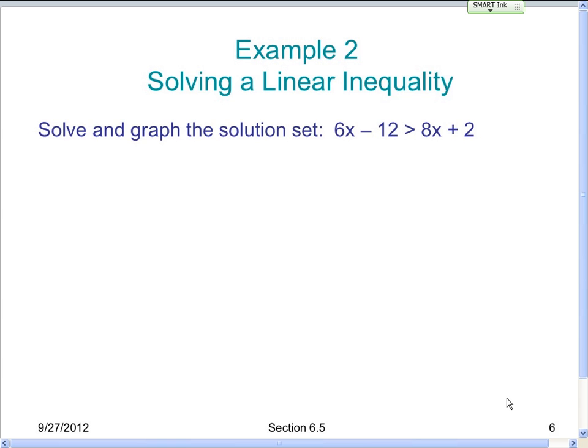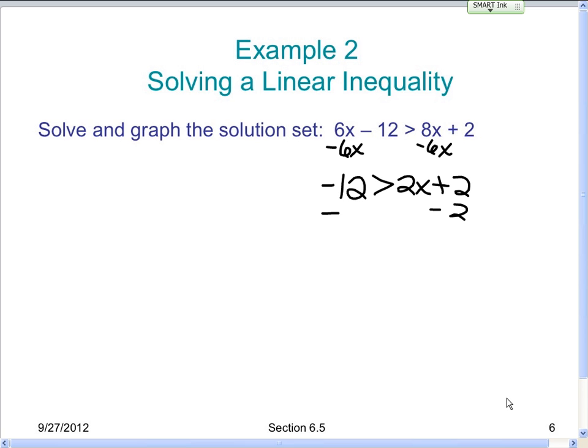All right, so solve. Well, just as if this were equal to, I would get my x's on the same side. So I can either subtract 6x or I can subtract 8x. I'm going to subtract 6x so that my x's are positive. It's always easier to work with positive x's when you have the opportunity.